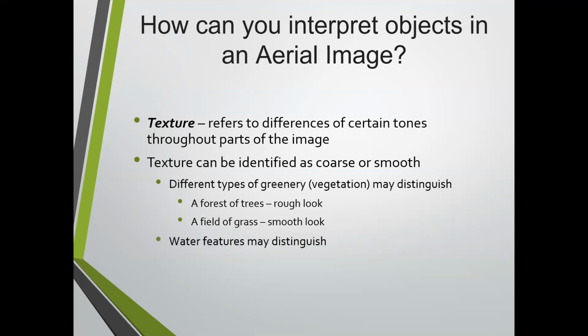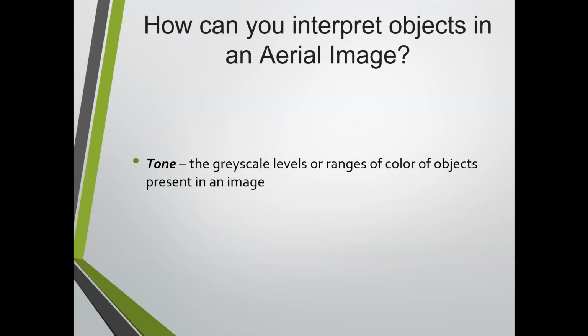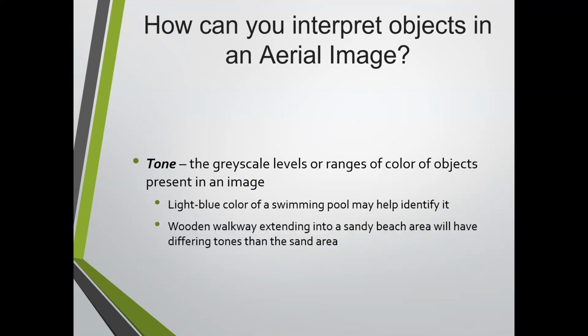Water features may distinguish a smooth lake or a rough rocky shoreline, or even something like a river. If you've ever looked at rivers, particularly where rapids or waterfall areas are, that's going to show up pretty directly on your photo. So tone, grayscale levels or ranges of colors. Light blue, swimming pool. A wooden walkway is going to have kind of a brownish sandy tone.